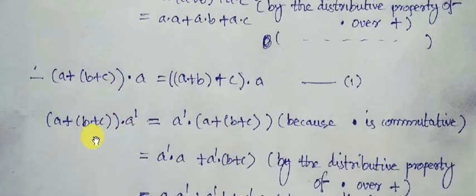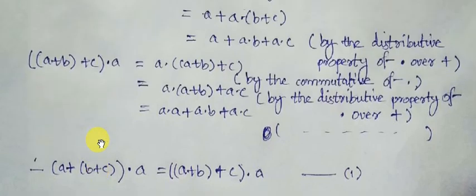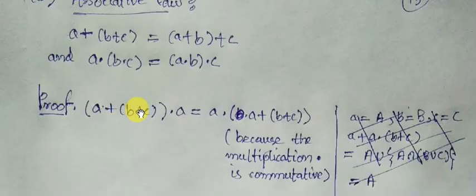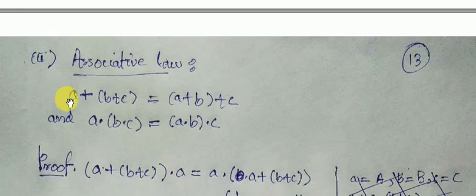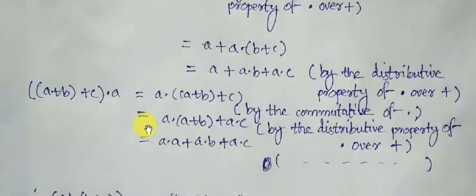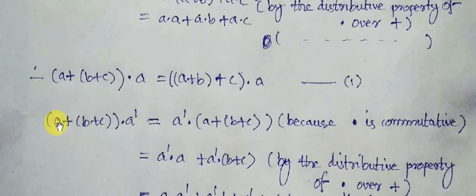Number two. As here we have multiplied the left hand side once by a and the right hand side once by a, now we are multiplying the left hand side member by a complement. This is (a plus (b plus c)) into a complement.